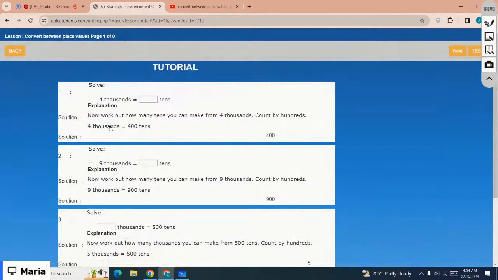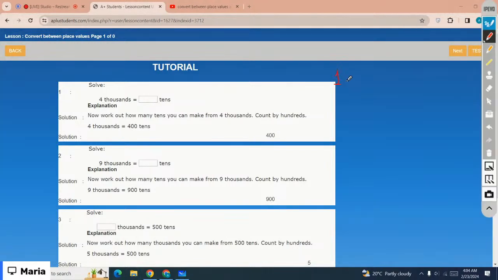You have to see in 4000s how many tens we have. So we have to work out how many tens we can make in 4000s.